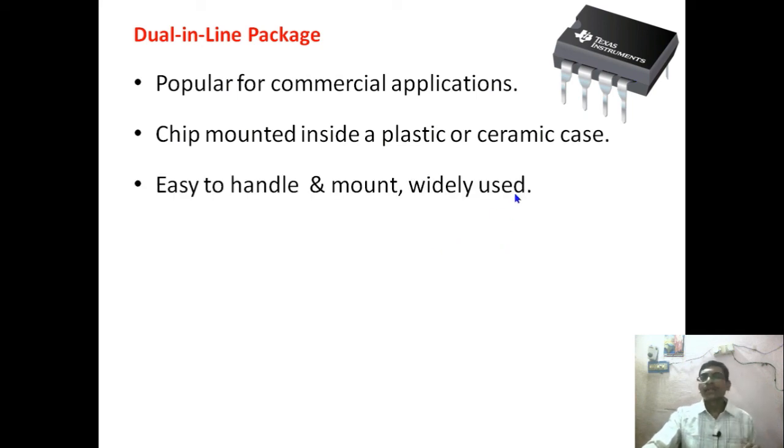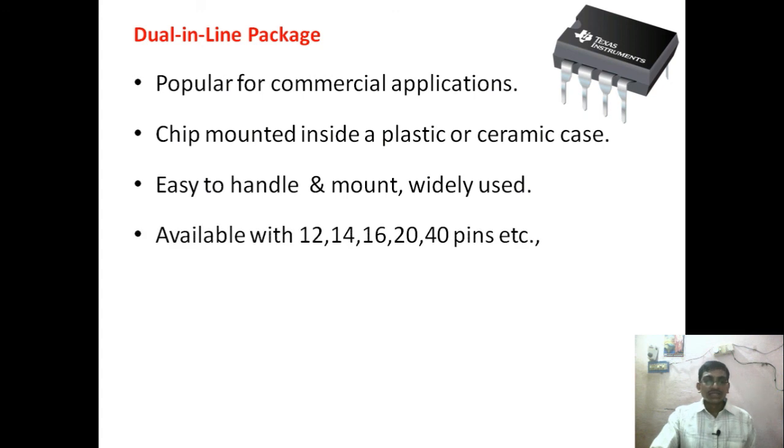Easy to handle because it is mounted inside the ceramic case. We can mount it anywhere, wherever we want, we can just insert it and remove it wherever we don't want. So widely used and available with 12 pin, 14 pin, 16, 20, 40 pins, etc.